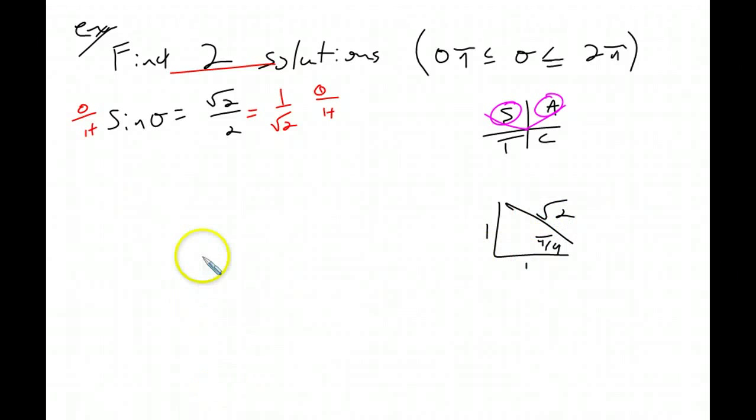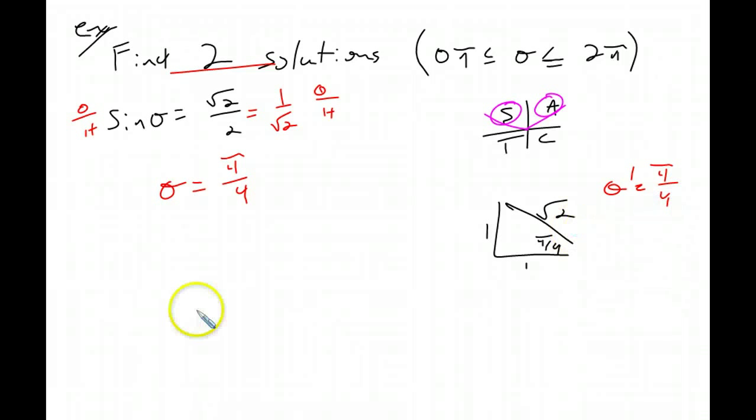So then one of my angles, since I'm in the first quadrant, is going to be pi over 4. Don't forget that's just your reference angle. So in your triangle, we're referencing the angle pi over 4. So now I found my one in my first quadrant, because that's just whatever it is.